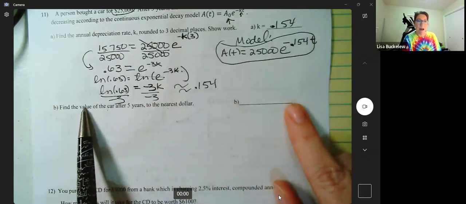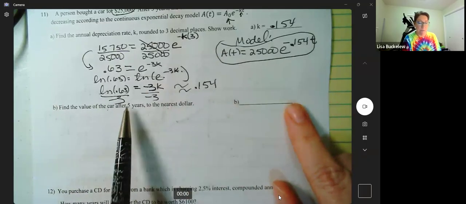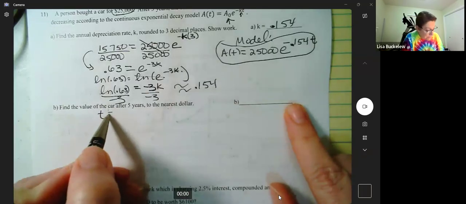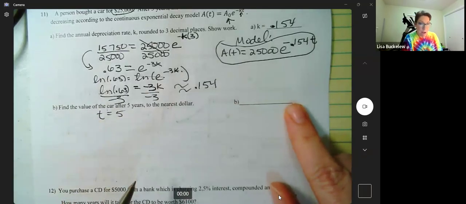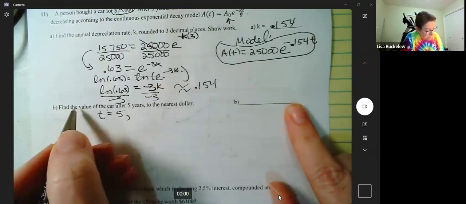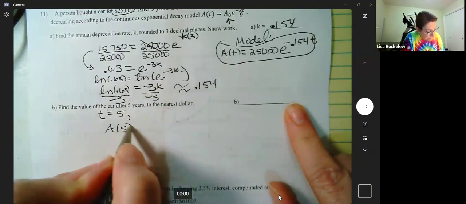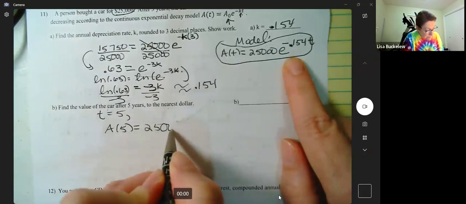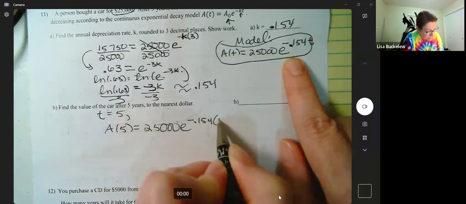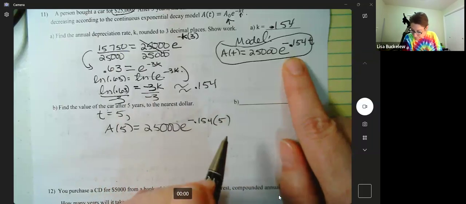So let's see what they ask us. Part B, find the value of the car after 5 years. So that's the easier one. They just gave us a T value of 5. When it says find the value, that's what this is calculating. So we're just going to do A of 5, plug the 5 in where the T is. We already know all the rest of those pieces, times 5, like that.